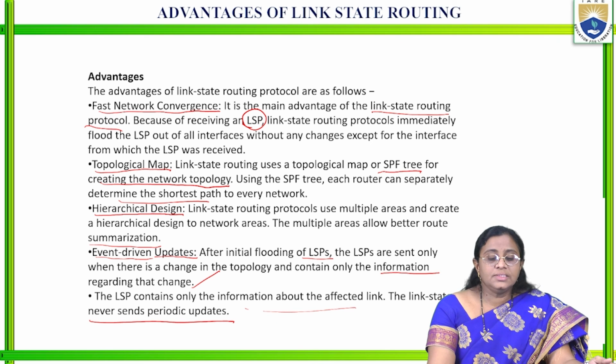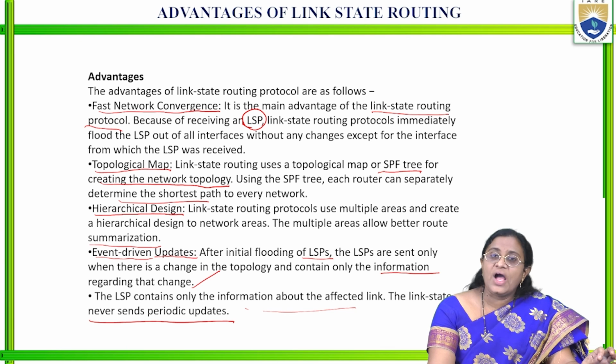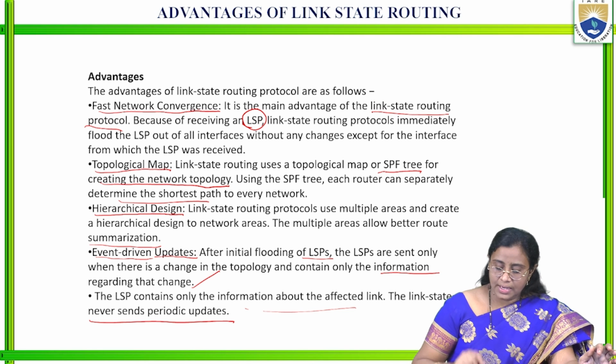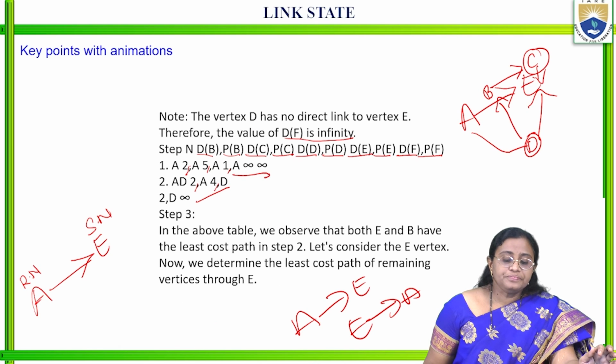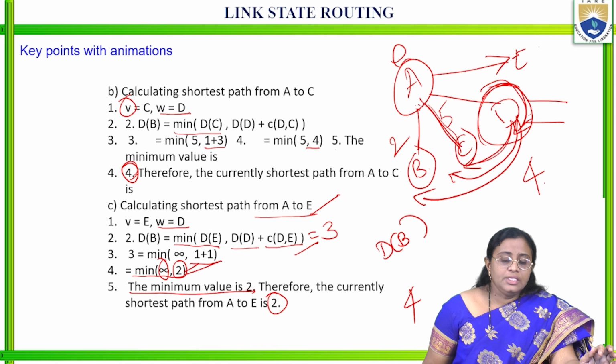This is the main useful greedy algorithm, which is used to find the least cost path or the shortest path from one node to another node by means of this formula.